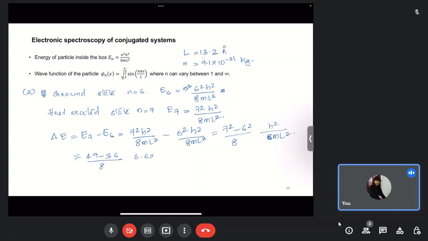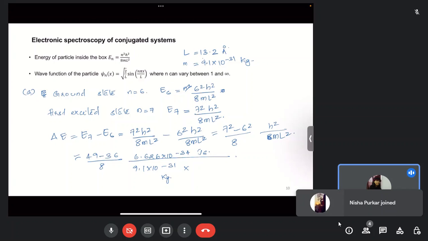h is 6.626 into 10 to the power minus 34 joule second, divided by m, 9.1 into 10 to the power minus 31 kilograms.